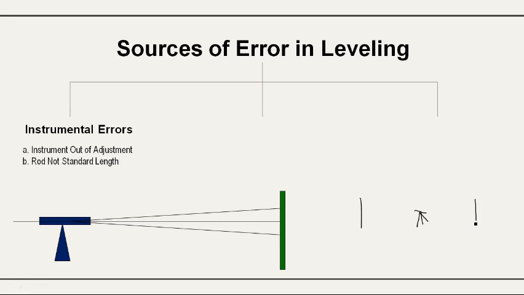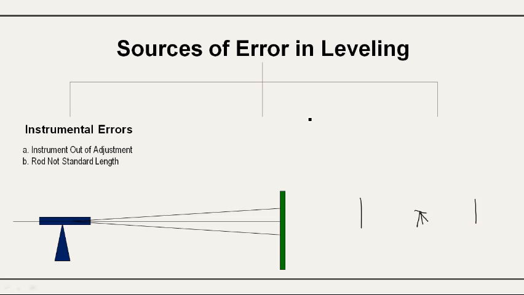Next is the rod not of standard length, meaning the graduations or divisions of the rod are inaccurate. To determine if the graduation of our rod is inaccurate, we can compare it to our standardized steel tape. Then if an error is determined, we can apply corrections to our measurements using the rod.